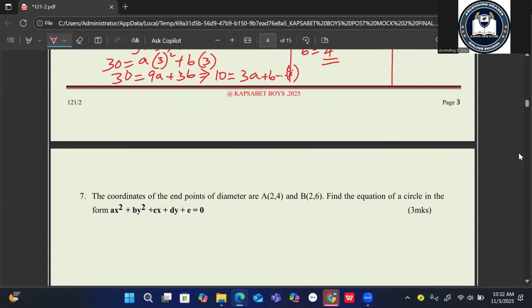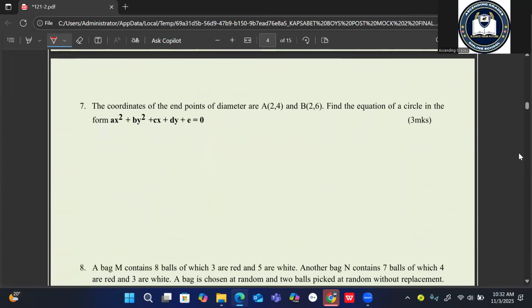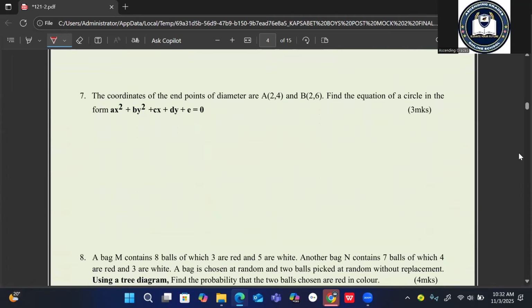The coordinates of the endpoints of a diameter are (2, 4) and (2, 6). Find the equation of the circle in the form ax squared plus by squared plus cx plus dy plus e is equal to 0.